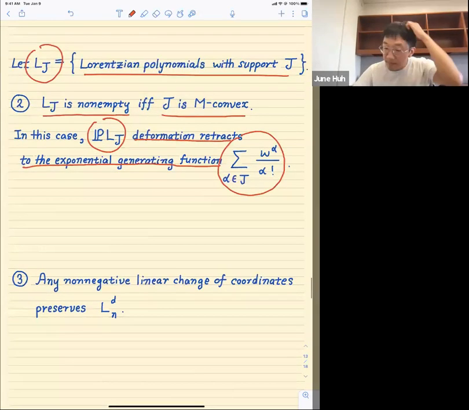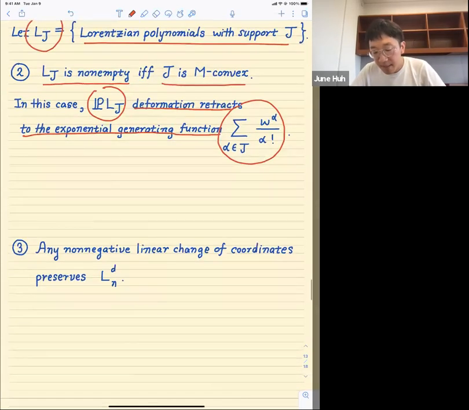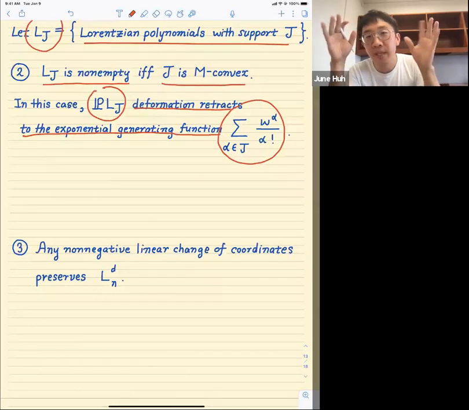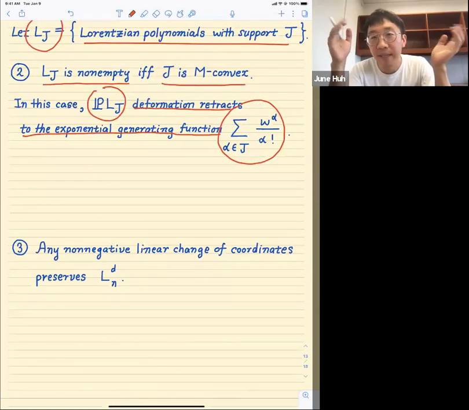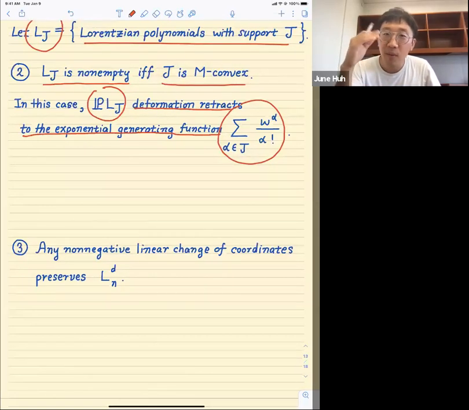And there are some interesting statements, like any non-negative linear change of coordinates preserves L^d_n. If you still have this projective geometry picture, that's maybe kind of obvious. But if you think of this definition of L^d_n that involves generalized permutations, that's a little bit surprising, because if you change coordinates, then the support changes in a somewhat unpredictable way.